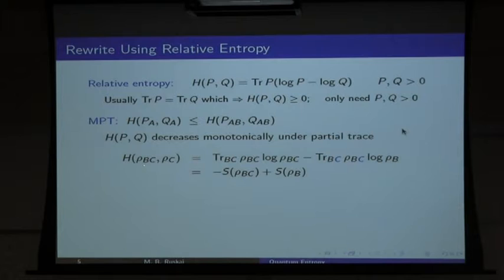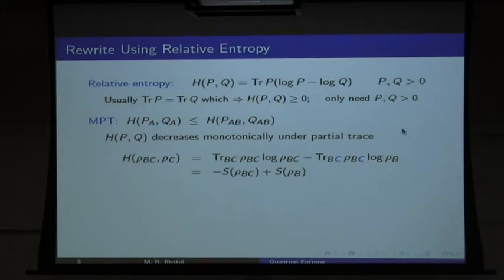Now, look at the relative entropy, and I'm always going to suppress tensor products with the identity, between a state on BC and its reduced state on C. Well, the relative entropy you can write out as trace rho BC log rho BC. That's simply minus the entropy.